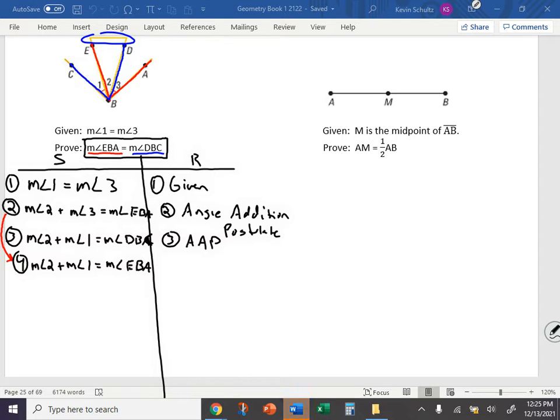Why am I able to do that? Why am I able to replace angle 3 with angle 1? William? Because they're the same. What's my reason I'm going to write over on my formal proof here? Drew? Substitution. Whenever you replace a value or substitute a value in. But William, you're exactly right. If angle 1 is equal to angle 3, then it's going to be the same thing either way.